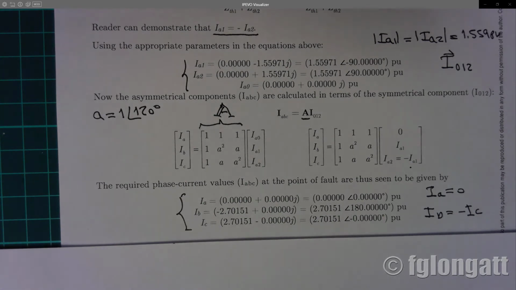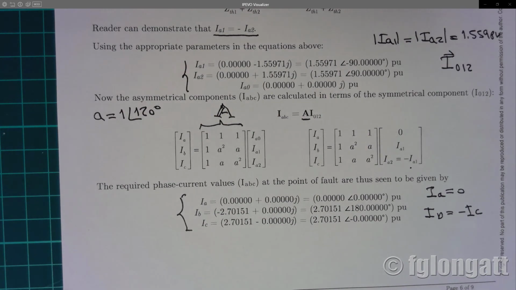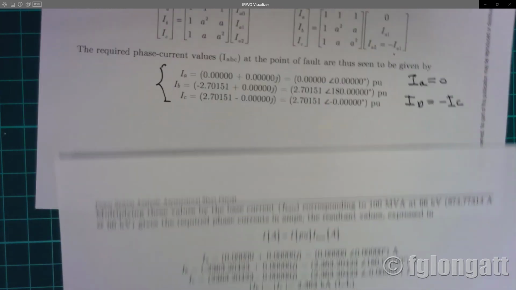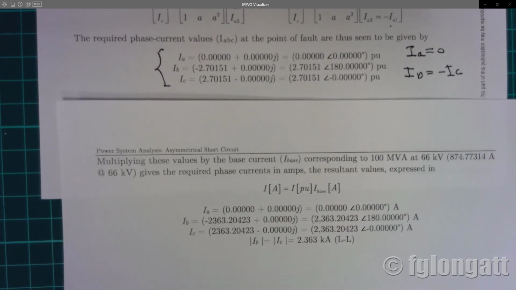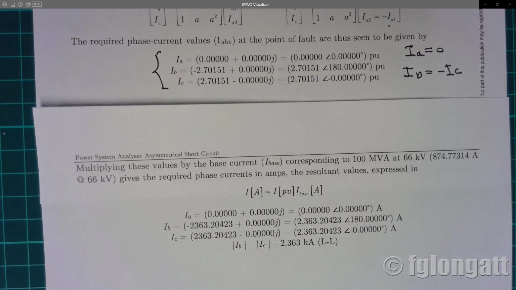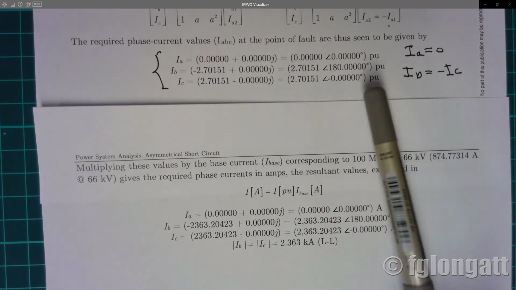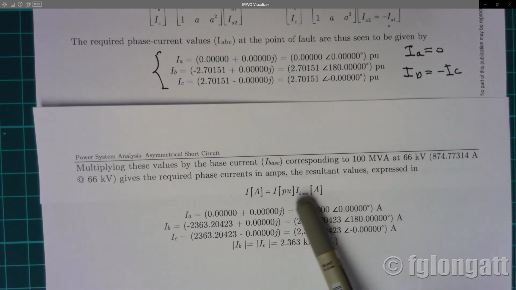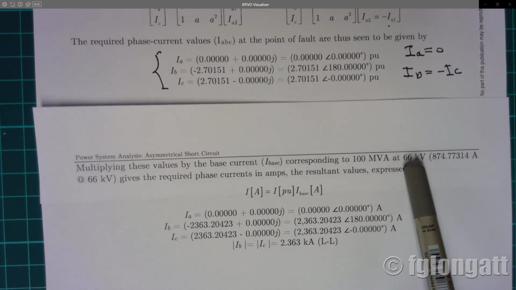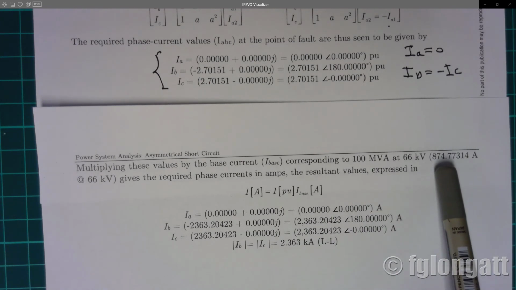Well, these numbers are extremely nice, but again, this question is not about per unit. This question is about amps. And the amps can be calculated by multiplying those per unit values by the proper base. In this case it is 100 MVA and 66 kV, and the current base is 874.